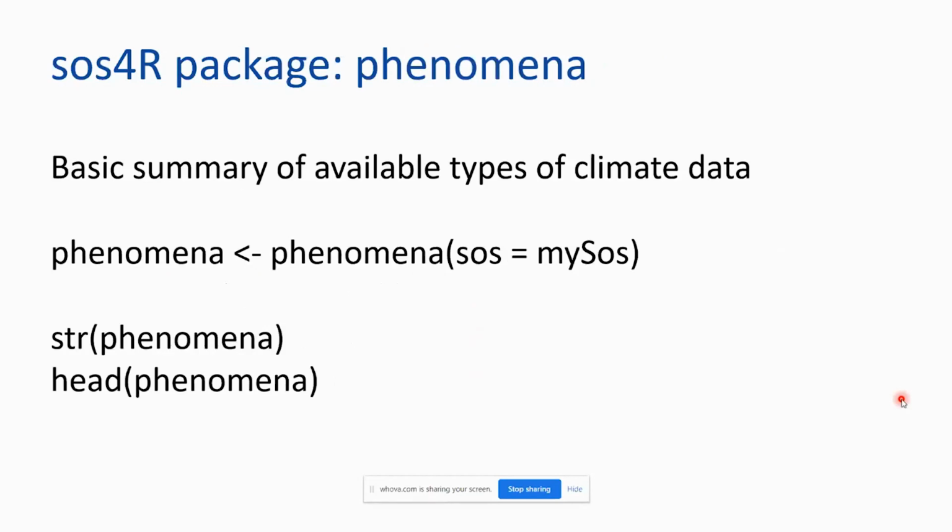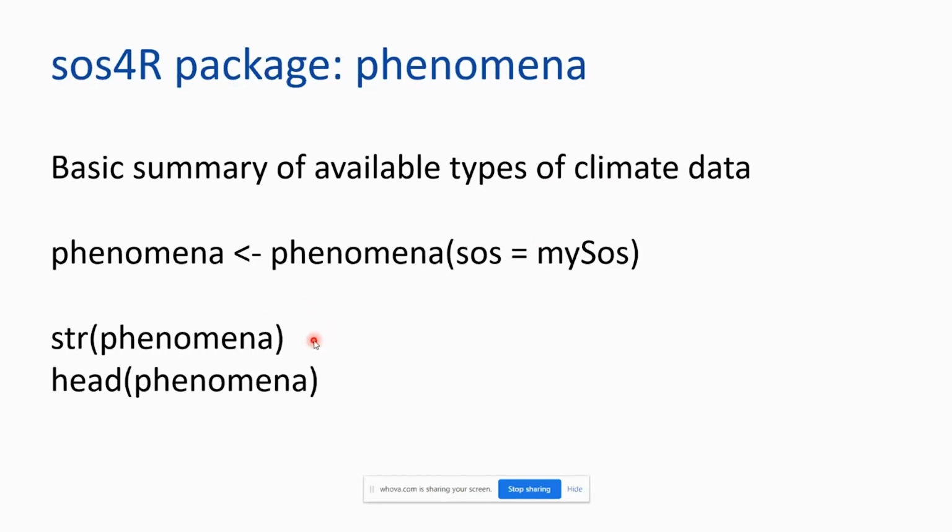Now, first thing, okay, so what climate data is available there? Well, it's easy as, here's the command here. Phenomena: what phenomena is available here? And remember, that was that connection you set up at the start, my SOS. We're putting it into an R variable called phenomena, and you'll see on the next page what we've got.